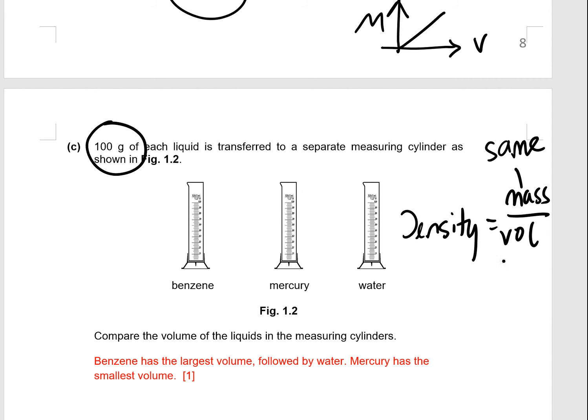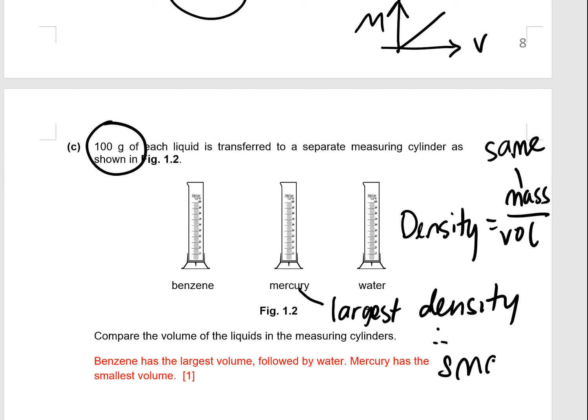So which means that the smaller the density, the larger the volume. This is inversely proportional. So the larger the density, the smaller the volume. So we learn from part A that mercury has the largest density. So therefore, it will have the smallest volume, because in this case, all the three masses are the same, right?